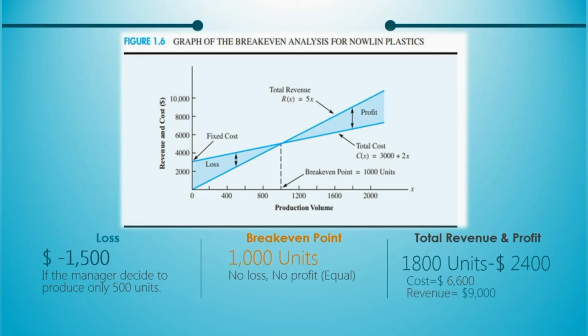And then, we can see that at 1,800 units, we can gain a $2,400 profit because the revenue is 9,000 minus the 6,600 cost, then it will result in 2,400 profit.